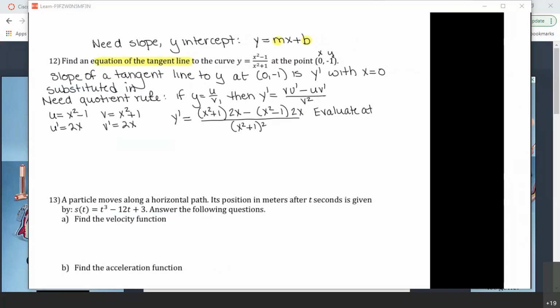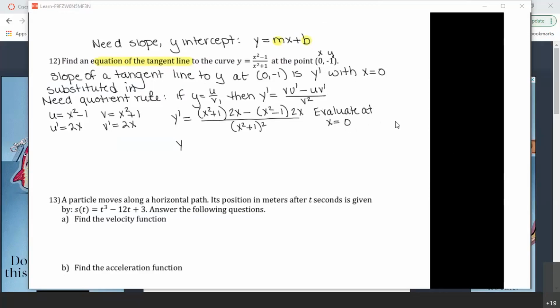Why? Because this tangent line is going to go through this point. This is called the point of tangency. It's the point where your tangent line touches your curve. So we know that this point is on the line as well as being on the curve. So I'm going to plug in its x value, which is really easy.